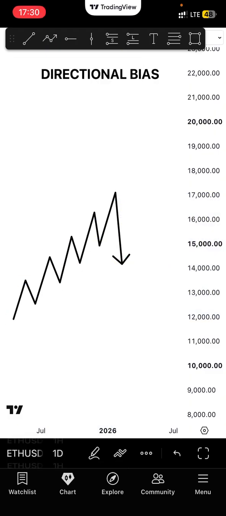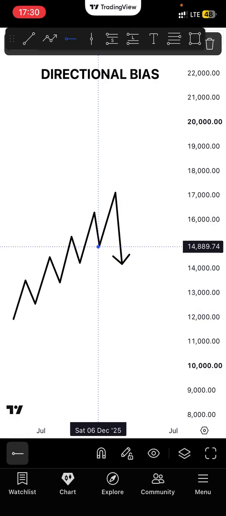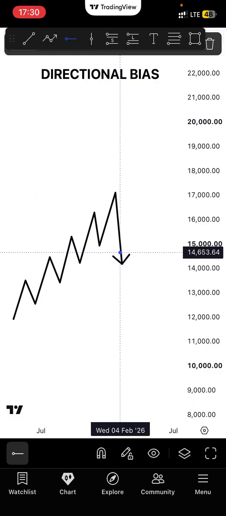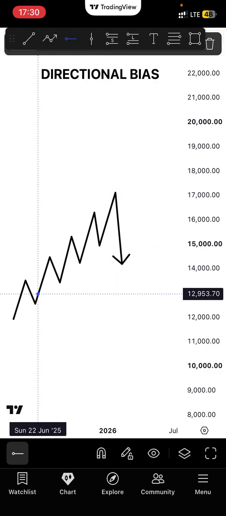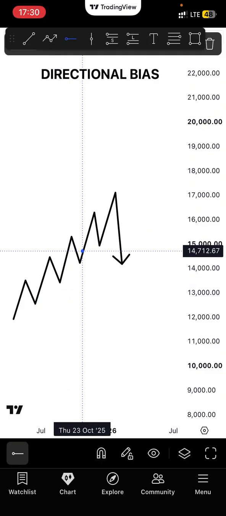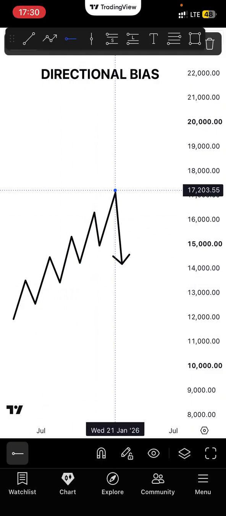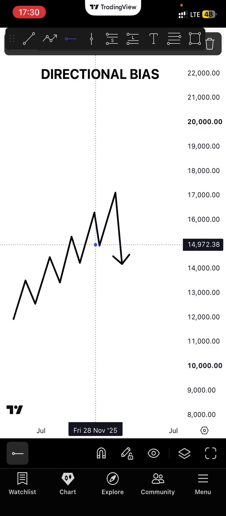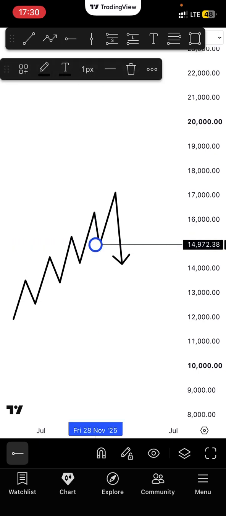This is a market structure shift. Price took out this low here. If you notice, price was maintaining all the lows, but immediately this leg took out this low, a market structure shift had just occurred at that point.